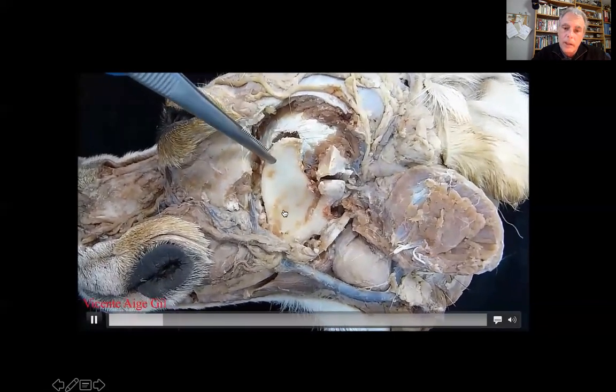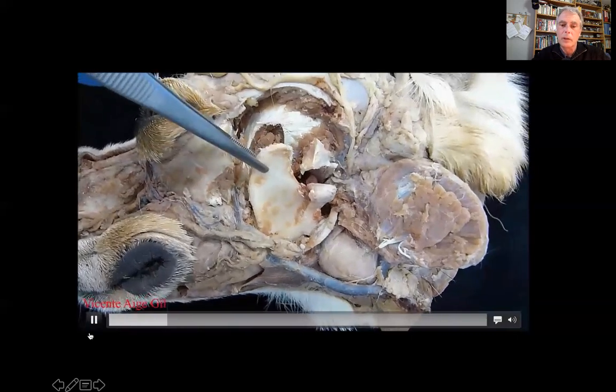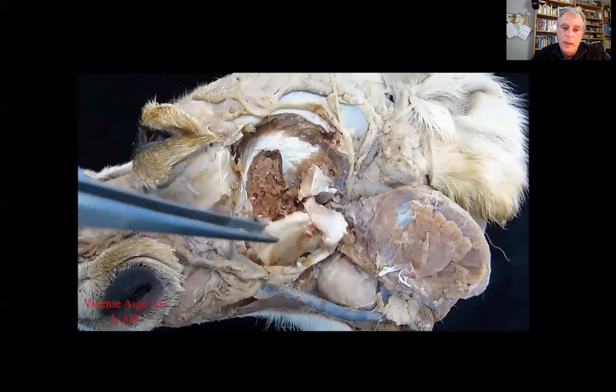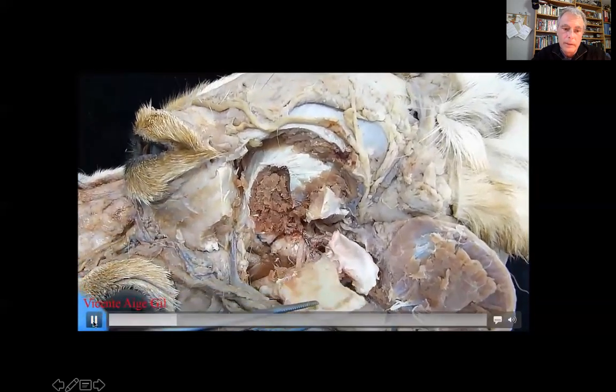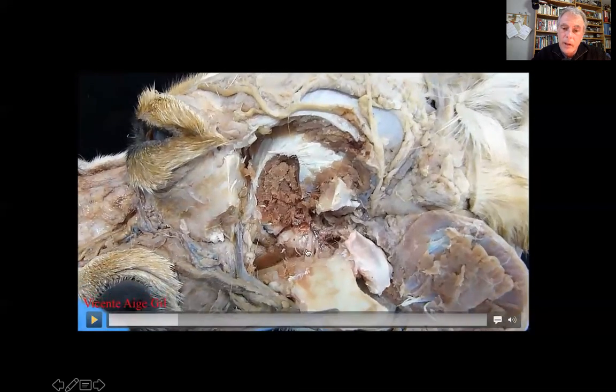So we remove the mandible, and as we do so, we identify the first nerve, the inferior alveolar nerve, entering through the mandibular foramen into the canal, and also with the artery and the vein.